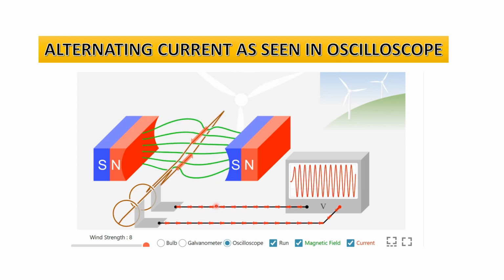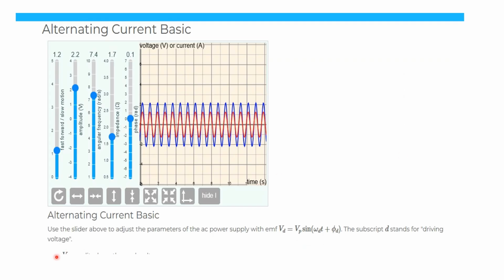So this is not the alternating current, but the alternating voltage that is produced in a powerhouse or power generation center. This produces alternating current, which we will see later in this slide.